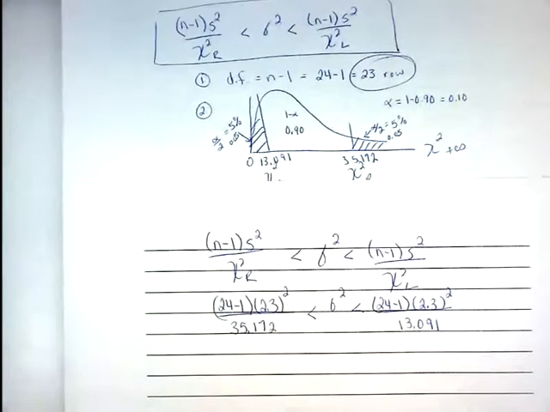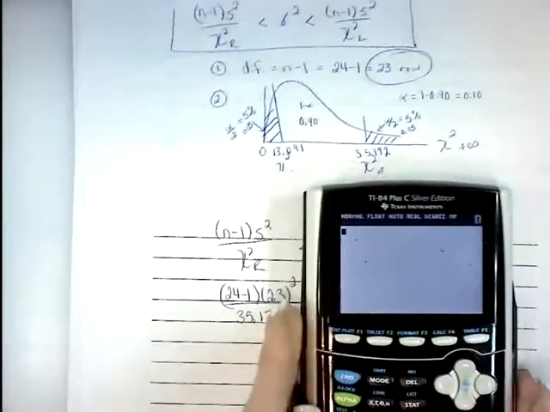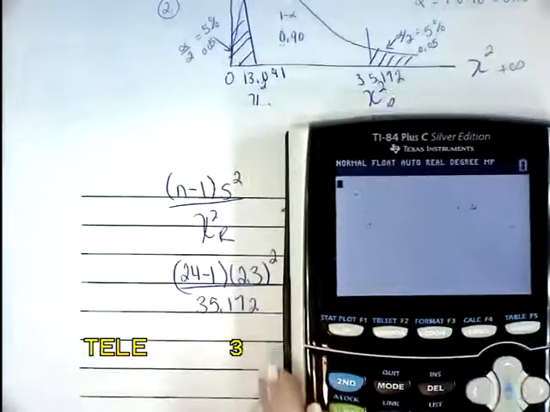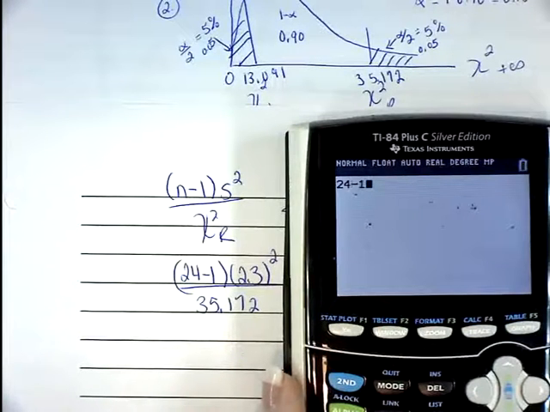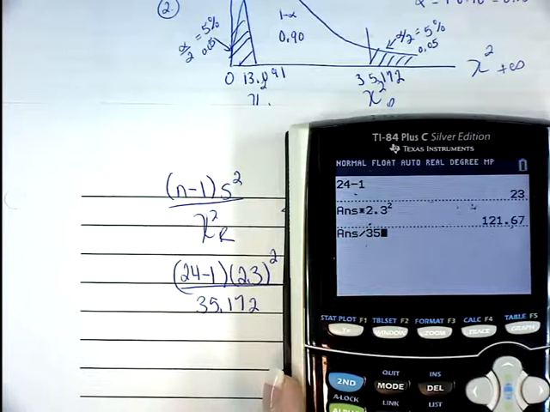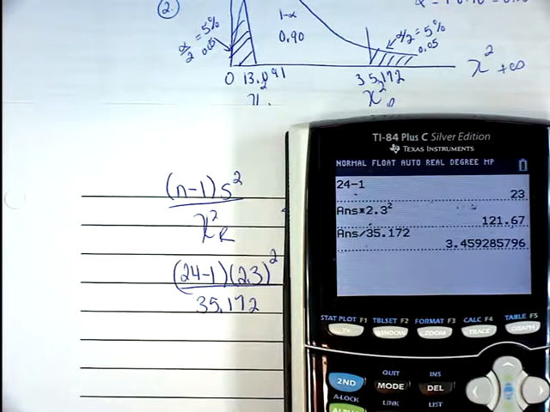Let's find that lower number. 24 minus 1 times 2.3 squared divided by 35.172. That's 3.459285796.